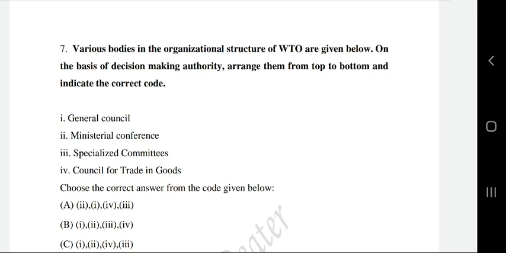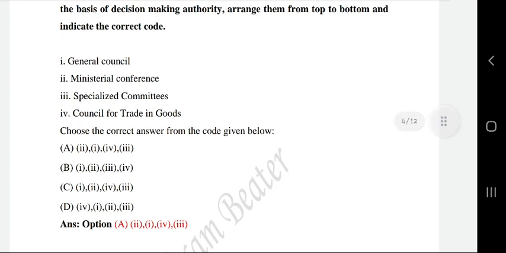Choose the correct answer from the code given below. Option A is the answer: second, first, fourth, third. Second means Ministerial Conference, then General Council, next Council for Trade in Goods, next Specialized Committees.